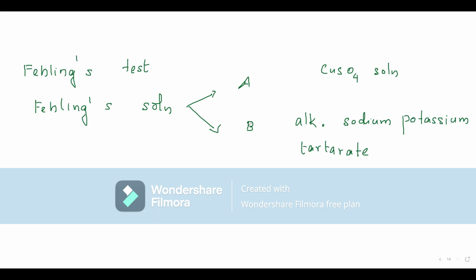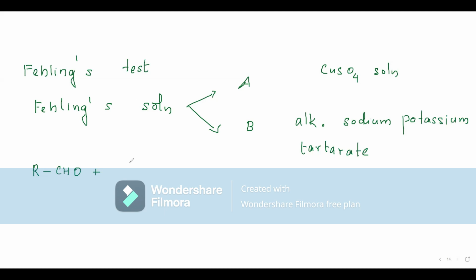So, you will take your aldehyde, RCHO, then in the same order, first Fehling's A followed by Fehling's B is added, and it is heated in a water bath.